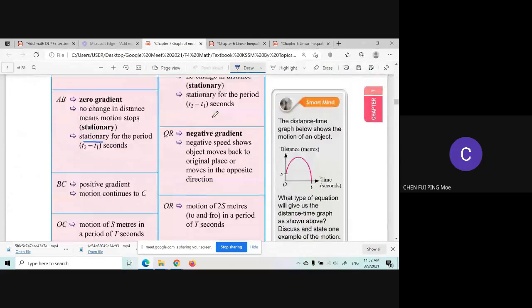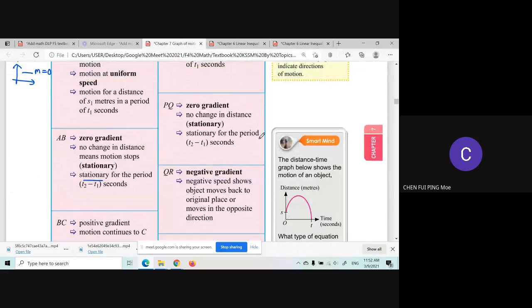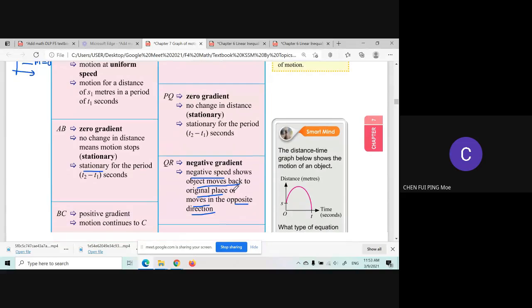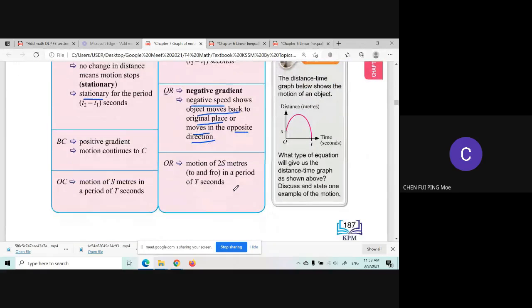QR has a negative gradient. Negative gradient means negative speed. Negative speed means the object moves back to the original place or moves in the opposite direction. So this one is very important. If you have negative speed, it means it moves in the opposite direction or the object moves back to the original place.